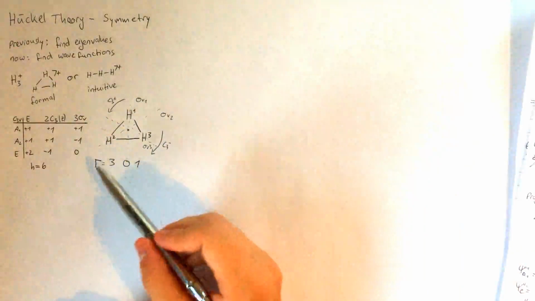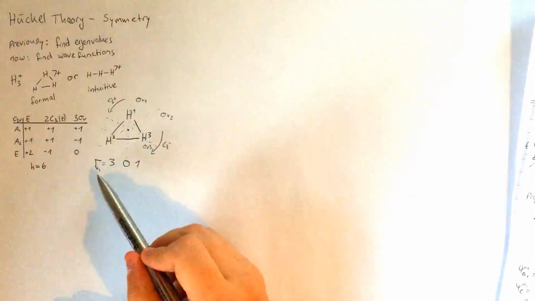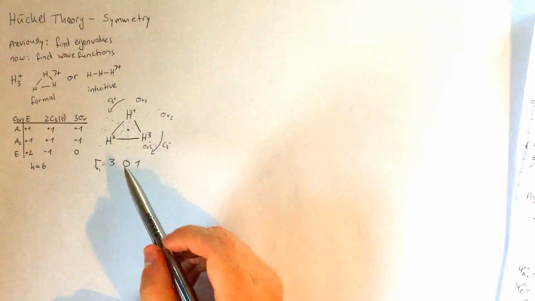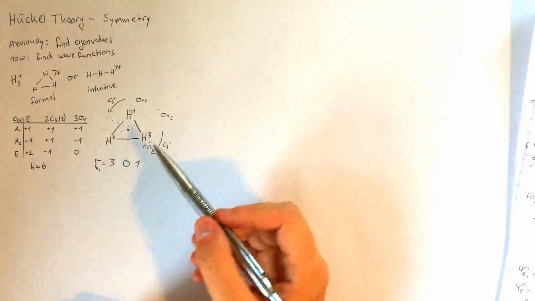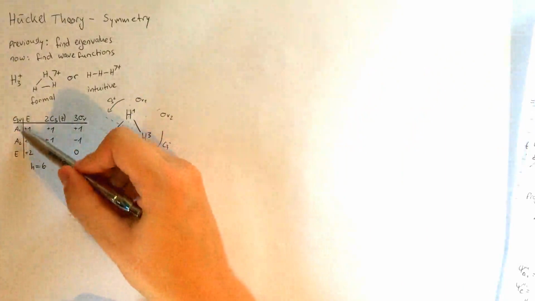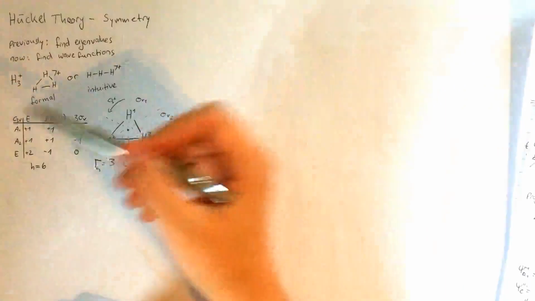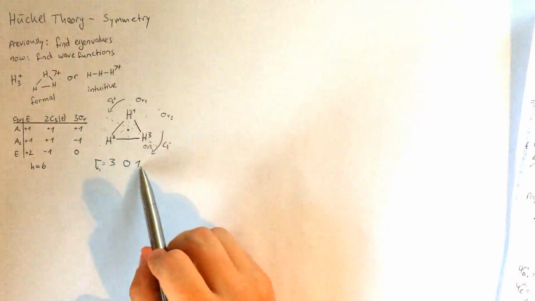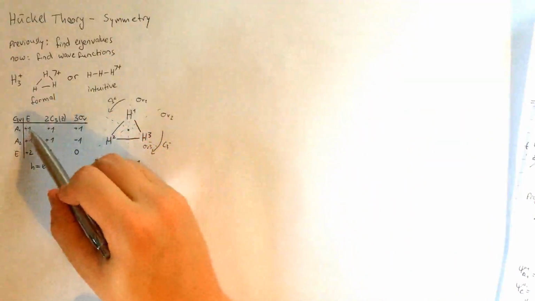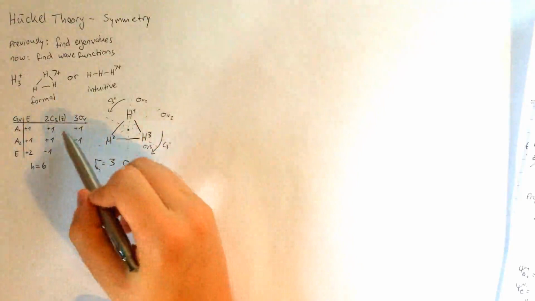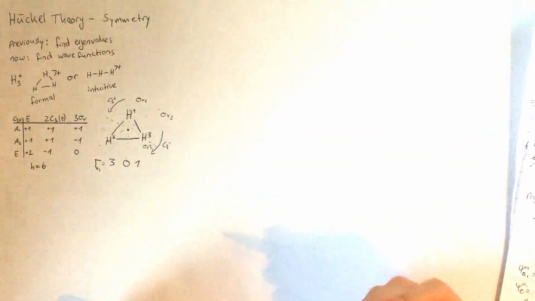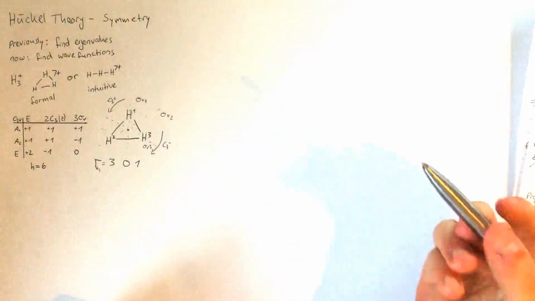Now, this representation of our H3 molecule needs to be split into its irreducible representations, which we can see here. So essentially, we're trying to generate 3, 0, 1 out of the numbers we're seeing here. And there are two ways of doing this. If you get a bit more experienced, you can just read it off.